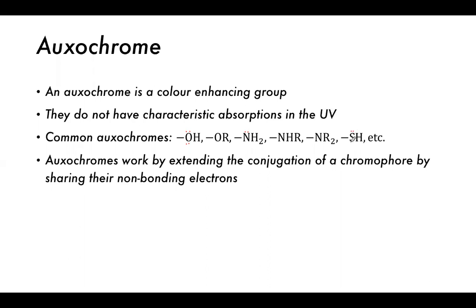Actually it's 2 lone pairs. It's in the same group as oxygen, so there are similar properties. So they can contribute these electrons to the system, usually by extending this idea of conjugation. We'll talk about what conjugation is later. You might have come across it in other topics, especially in organic chemistry.